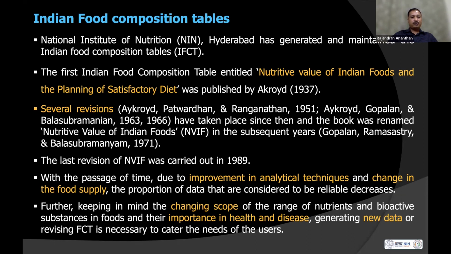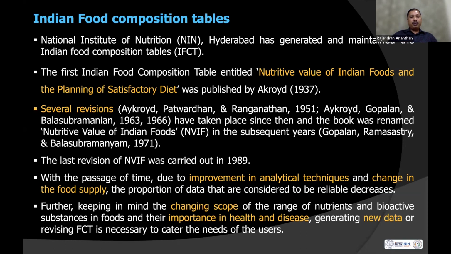With the passage of time, and due to improvement of analytical techniques and change in the food supply and variety of foods, the proportion of the data that are considered reliable decreases.